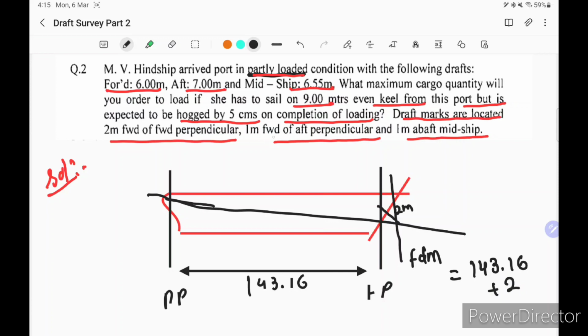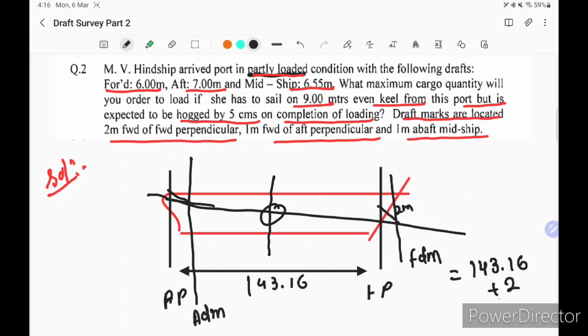And this is your midship. 1 meter forward of the aft perpendicular. So this is the aft perpendicular, and 1 meter forward. This is your aft draft mark.